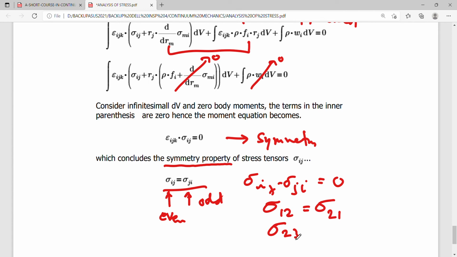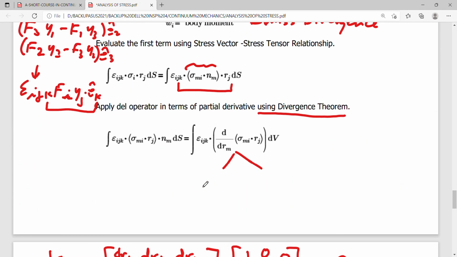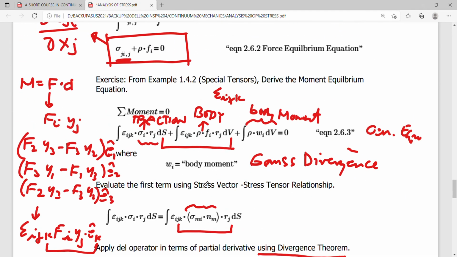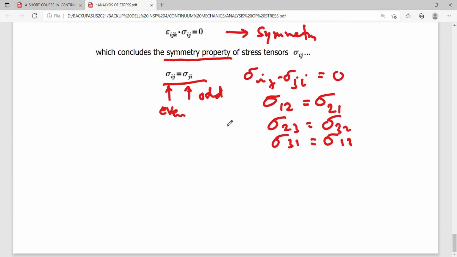Then a sigma 2 3 will mean an equivalence to sigma 3 2, and a sigma 3 1 will mean equal to sigma 1 3 because of this derivation. So in short, class, the equilibrium equation which is defined here in this general equation ought to prove the property of symmetry of tensors.